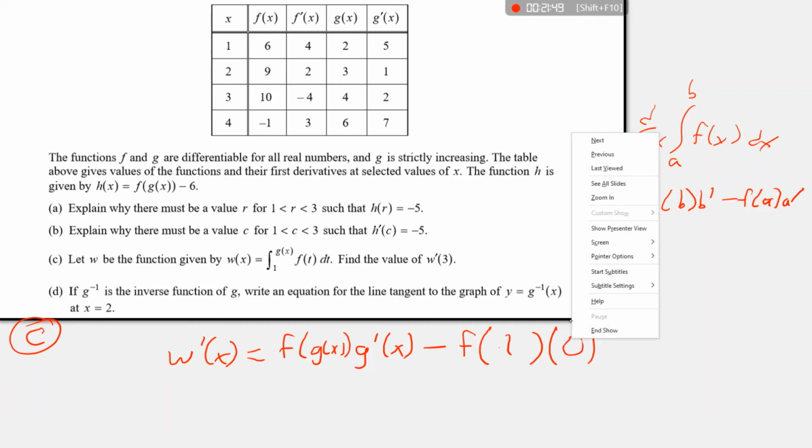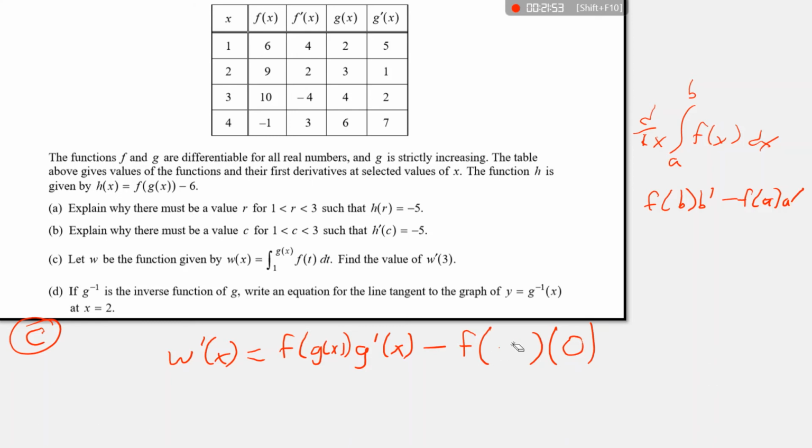The derivative of 1 is 0, so that term is 0. Okay, cool. So f of g of x, if I want to do this at 3, would be f of g at 3 times g prime at 3 minus 0.